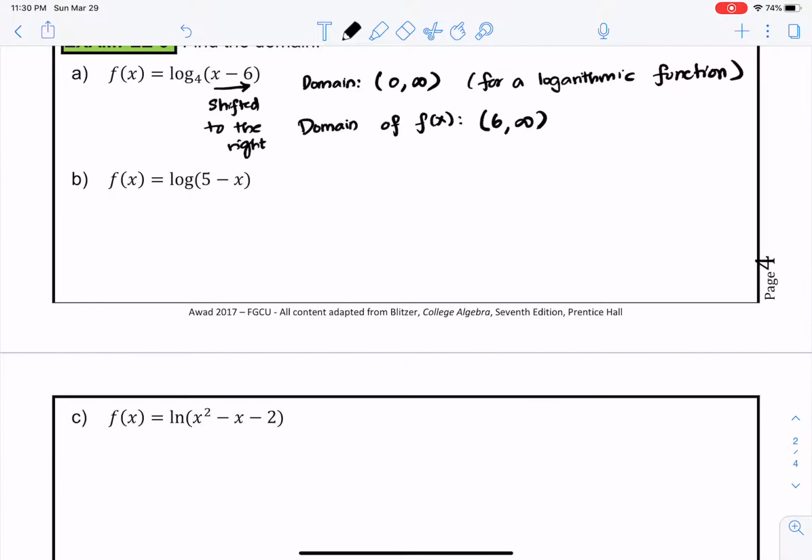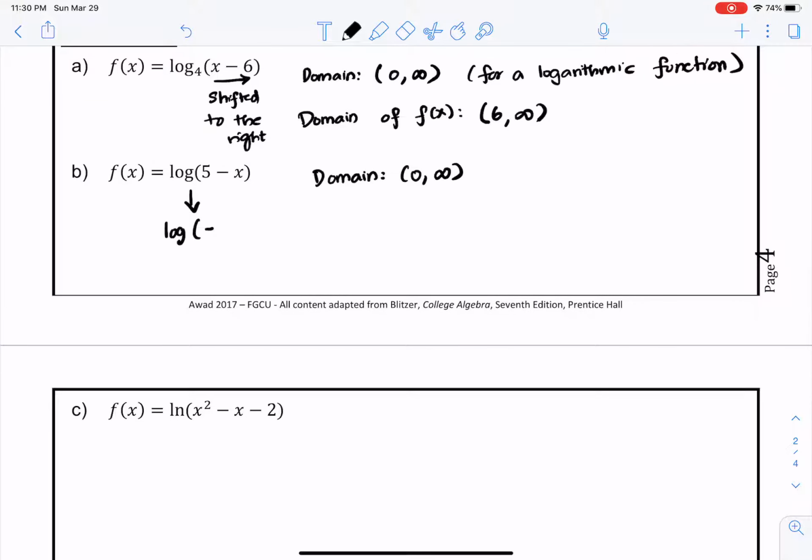In the second case, we start with the domain of the standard logarithmic function, which is 0 to infinity. I could write that as log of negative x minus 5. But this could easily get confusing because there is a negative in there and we can't have negative numbers inside a logarithm.